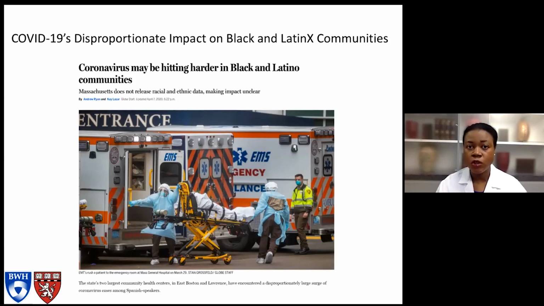Much of the early reporting actually happened through journalism, where we found that our reporting systems and our data collection systems may or may not have been adequate within healthcare to really detect these differences in an early way. And this report from one of our national newspapers, the Boston Globe, reported on this information and heightened our understanding of this in our healthcare system early.